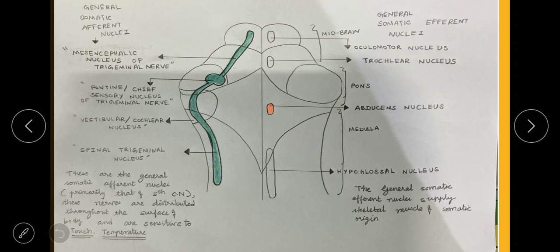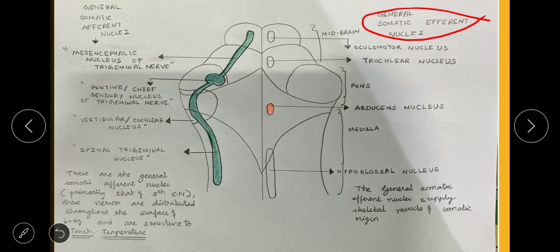First, let us talk about the general somatic efferent fibers. The general somatic efferent fibers arise from the general somatic efferent nuclei present in the brainstem, and they supply motor fibers to skeletal muscles of somatic origin.